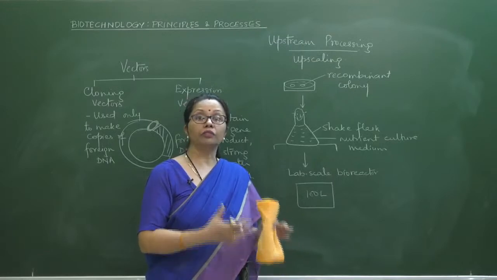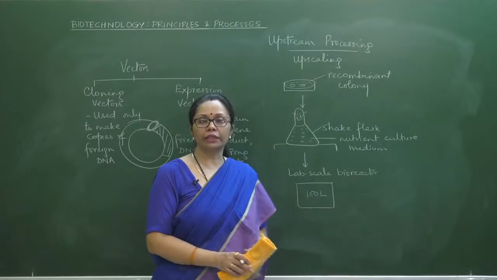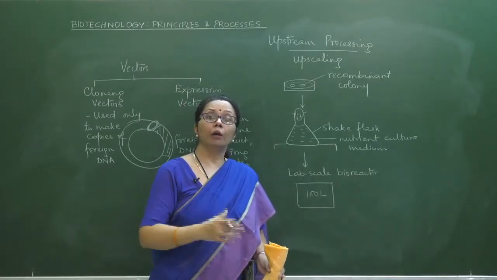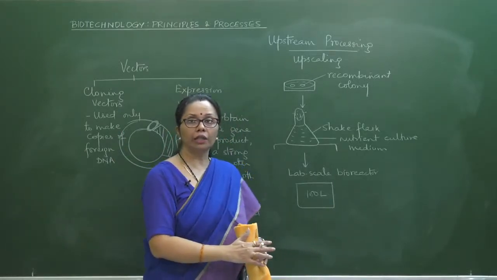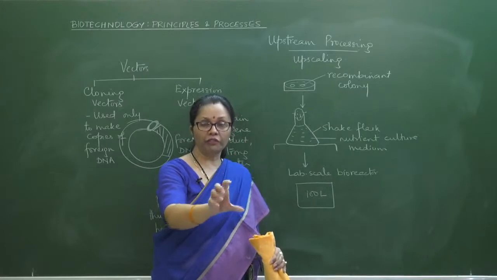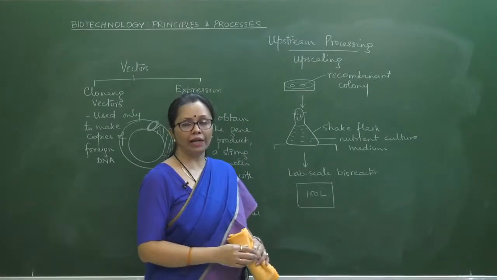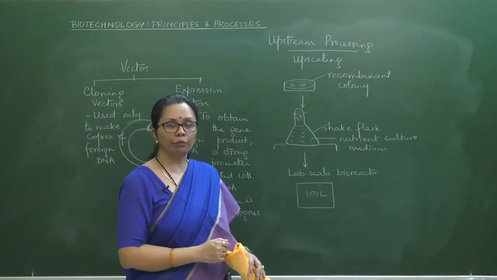Now industrial scale bioreactors are also bioreactors, but they are of 1000 liters or maybe more capacity, huge steel tanks. You might have seen the photograph given in your microbes chapter, those steel tanks one after the other, those are the industrial scale bioreactors.